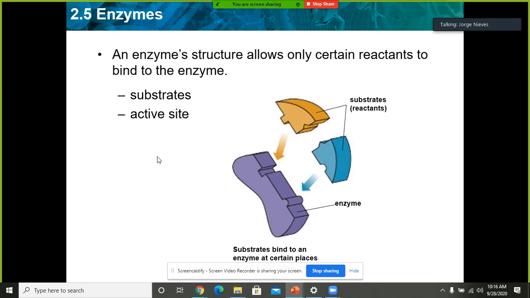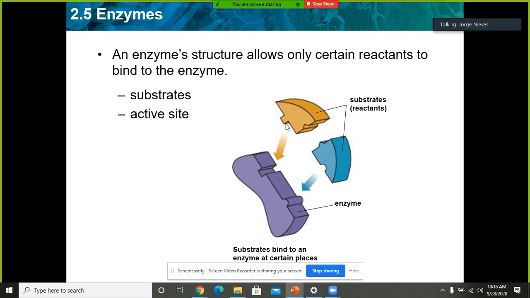So those two parts, estas dos partes, ¿ok? The substrate is going to go to the active site. Usted ve que es como si fuera un rompecabezas. Eso va a interaccionar, ¿ok? The reactant is going to bind to the enzyme at certain places. Why certain places? Because it's like a key.